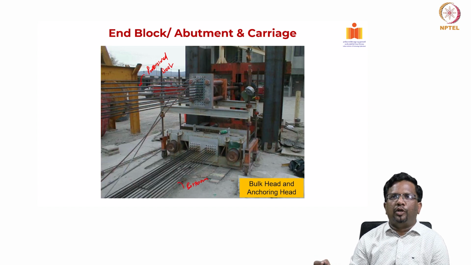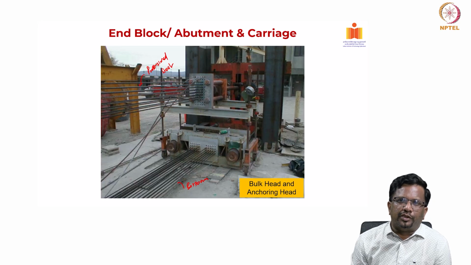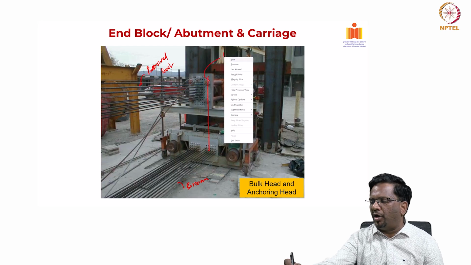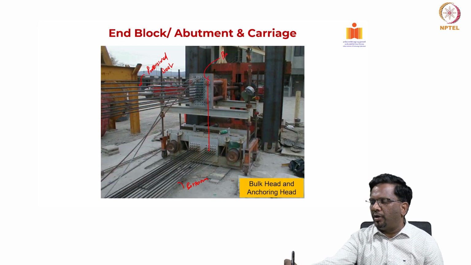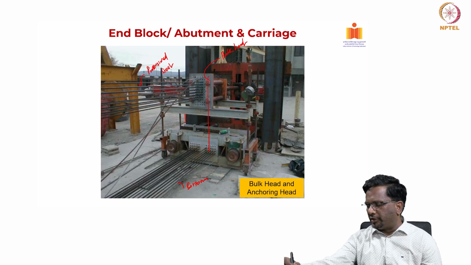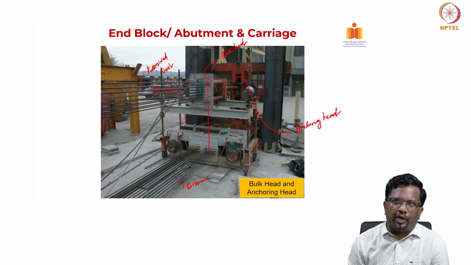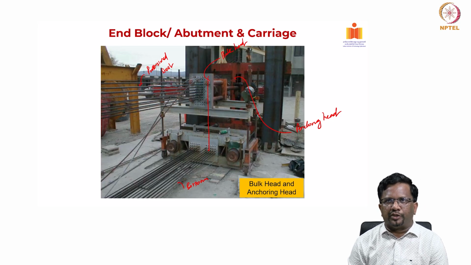This system is called the bulkhead, okay, and the entire system is called the anchoring head, and this anchoring head is where you apply the prestressing, and that helps in the transfer of the prestress as well.